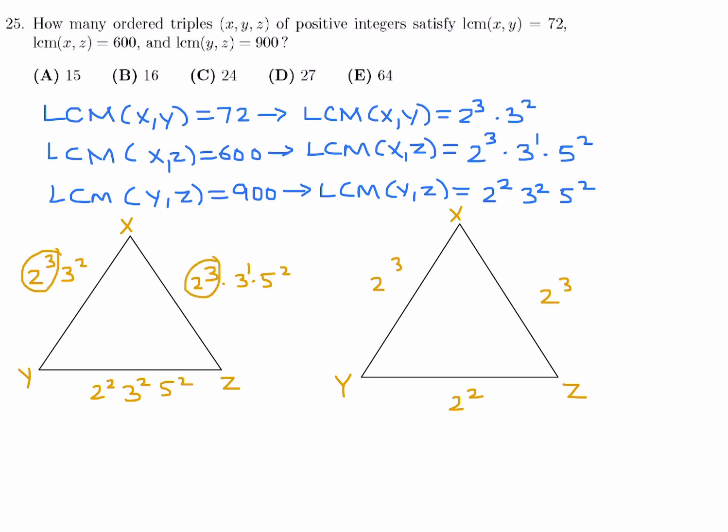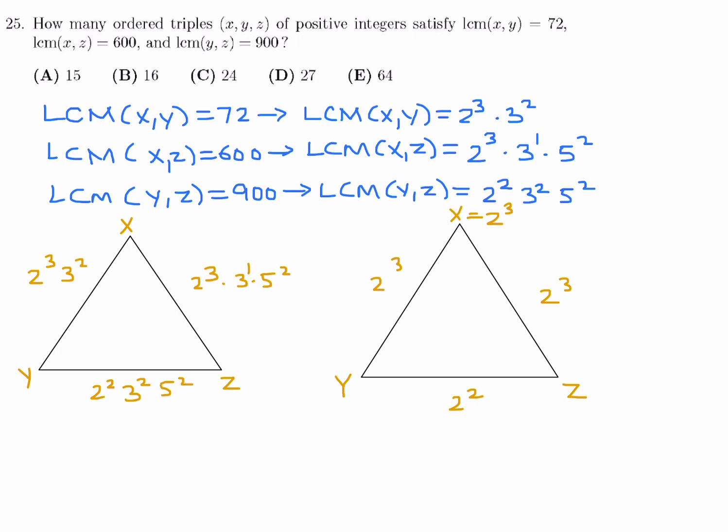Okay, so that obviously means that x has a 2 to the power of 3 as part of its factors. It might be entirely equal to 2 to the power of 3, or it might have 2 to the power of 3 as part of its factorization. But regardless, it definitely has 2 to the power of 3.